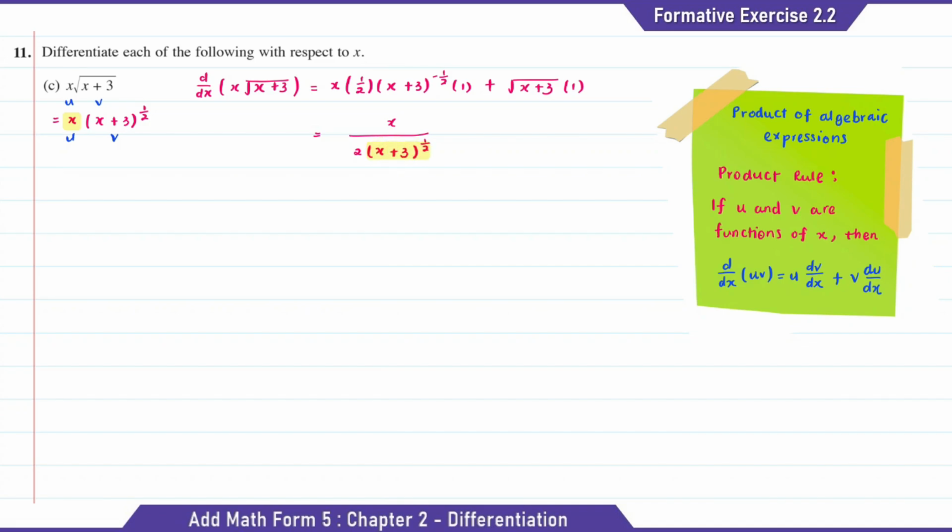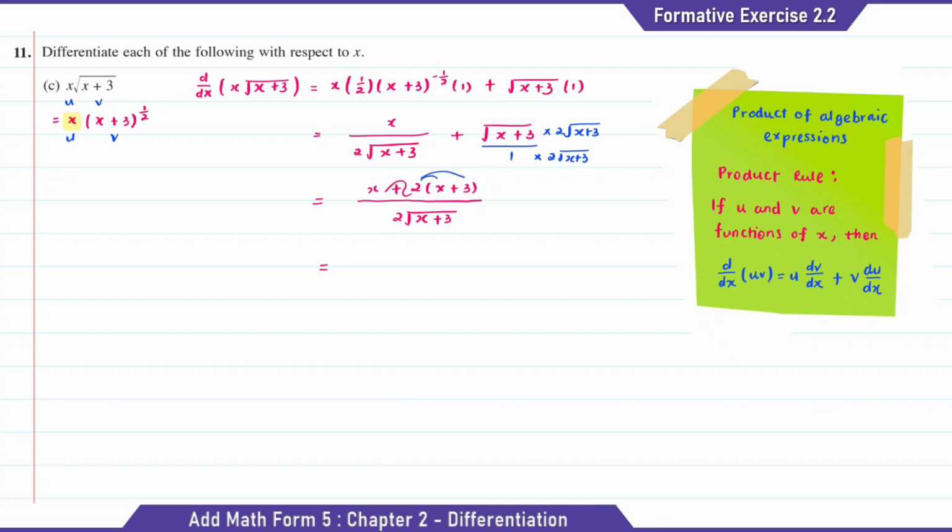So this is also equal to square root x plus 3. Then plus square root x plus 3. To solve this, first we will need to equalize the denominator. So next we're going to get x plus 2 bracket x plus 3 over 2 times square root x plus 3.